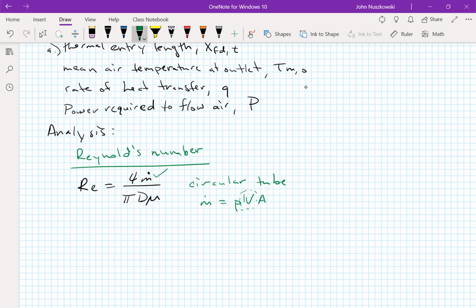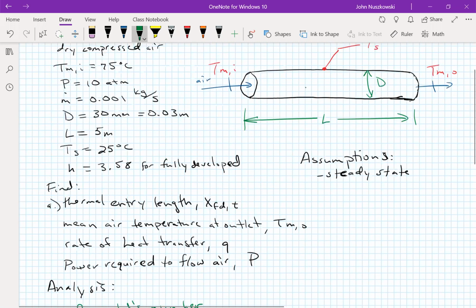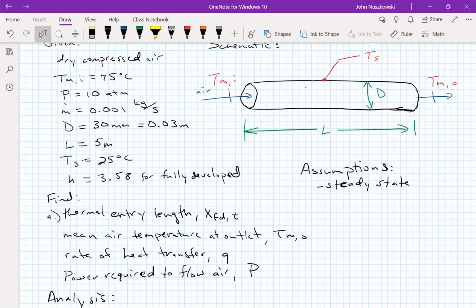Let's look at this equation. We have mass flow rate given to us, diameter given to us. We need to figure out our dynamic viscosity. So at what temperature do we take this to get that dynamic viscosity?